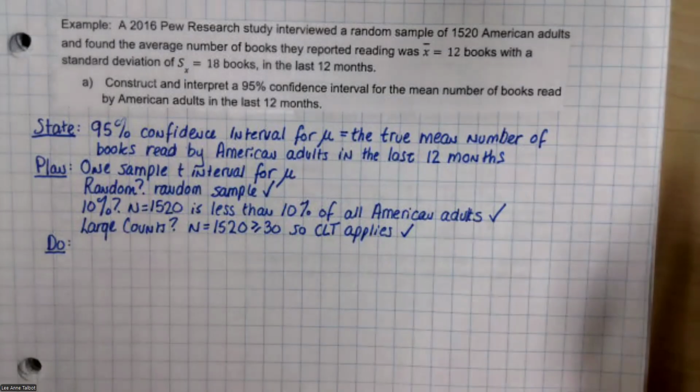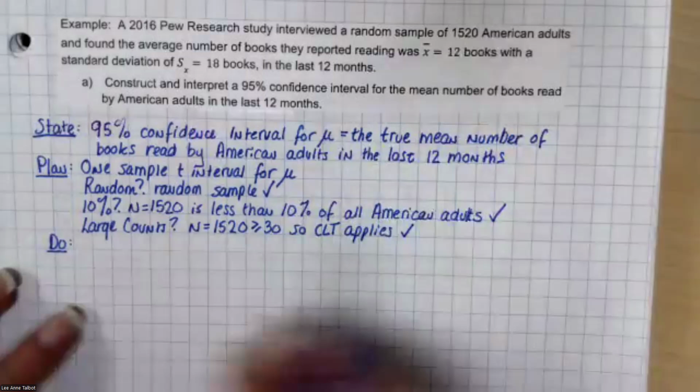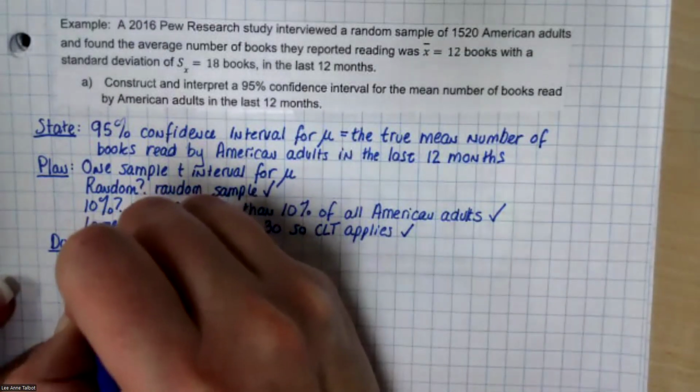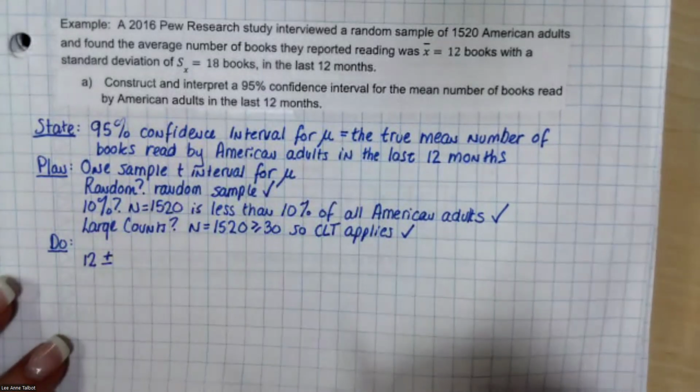Okay, now it's the first time that we touch a calculator in a math problem. So statistic, what is the statistic from this problem? Well, plus or minus. Oh no, I've got to find t star.